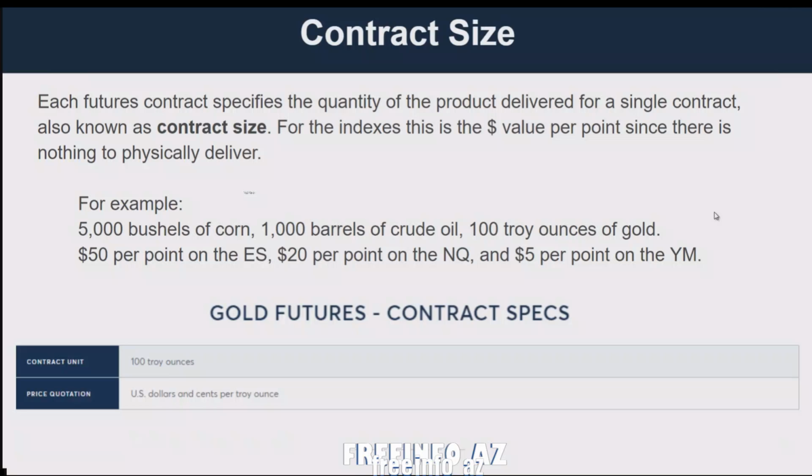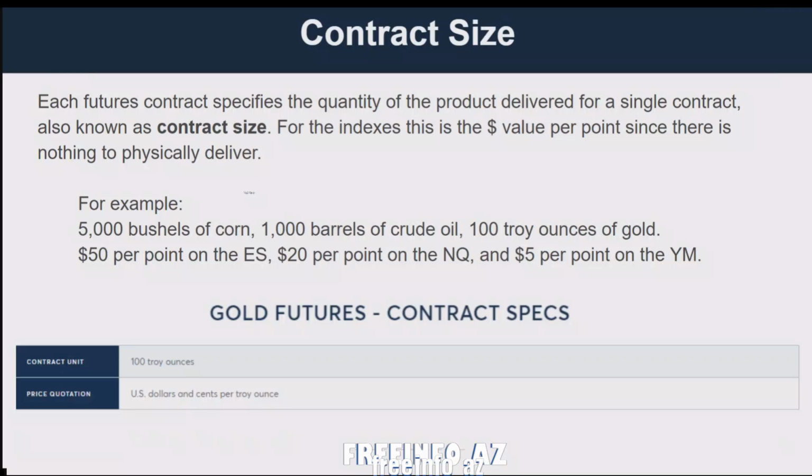As far as contract size and being delivered gold, you're not going to be delivered gold. But if you want to, you could certainly figure out a way to be appointed for delivery.